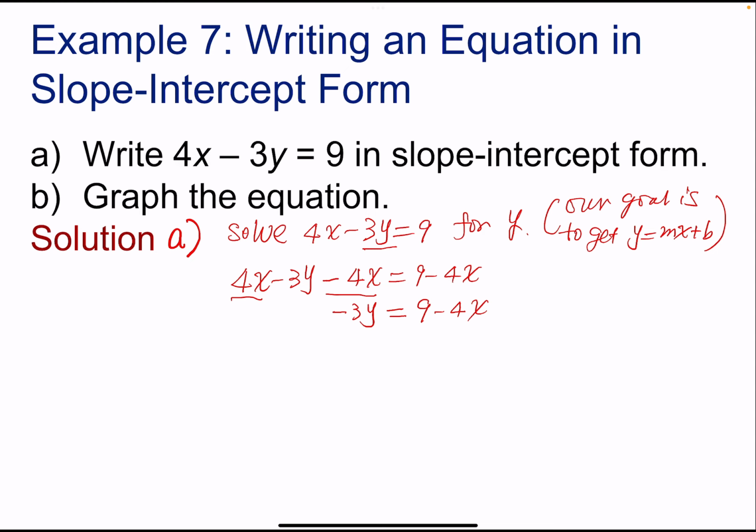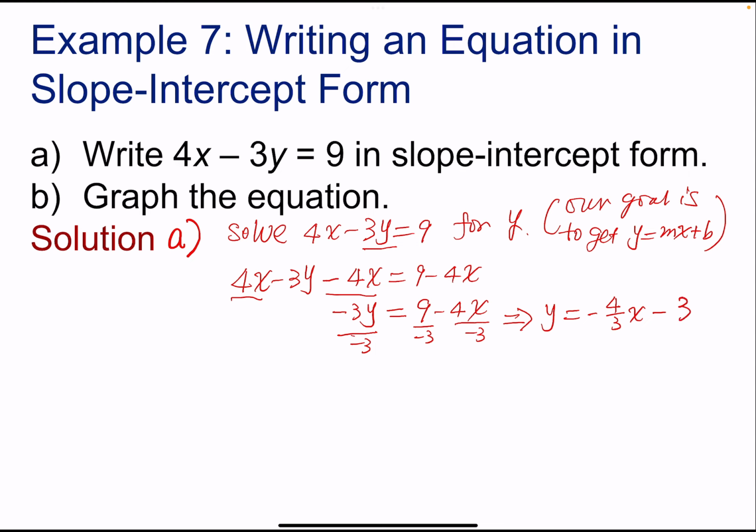Then I need to divide both sides, or every term, by negative 3. This gives me y equal to negative 4 thirds x, I just write the term of x first, and then minus 3.